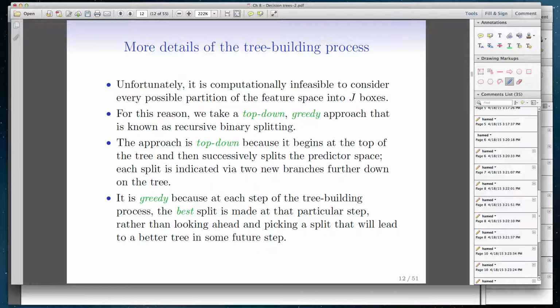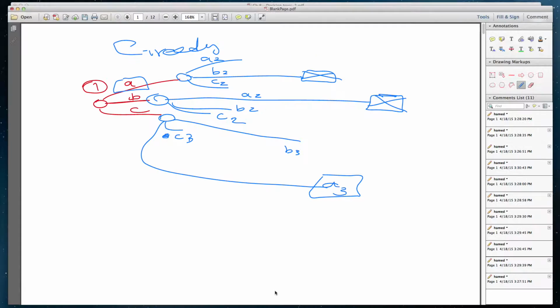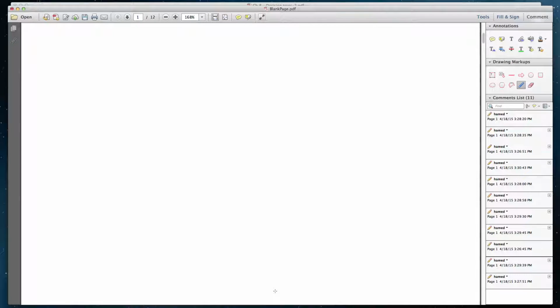In a greedy approach or top-down approach, what we are trying to do is at each point, on each step, we are trying to find the value that for now decreases the error as much as possible. So let me explain it in the next slide.